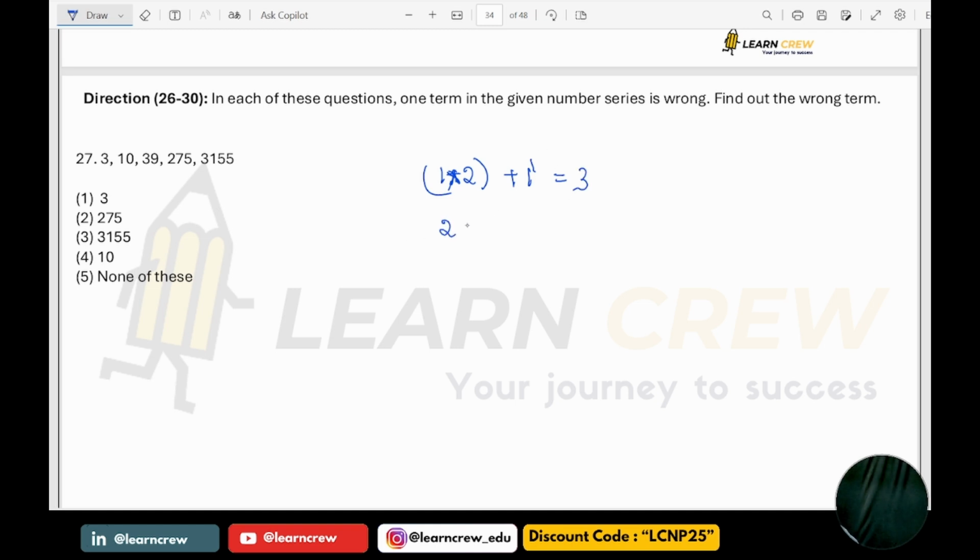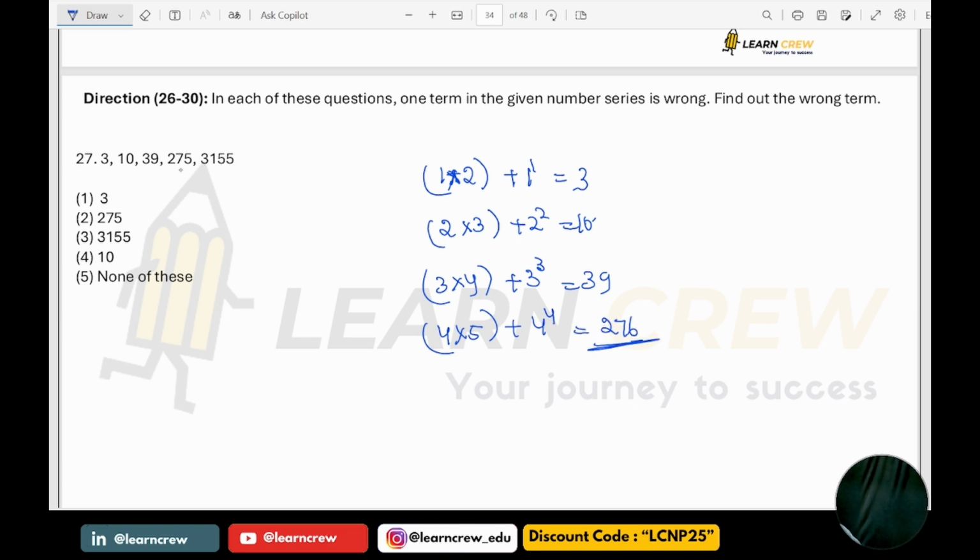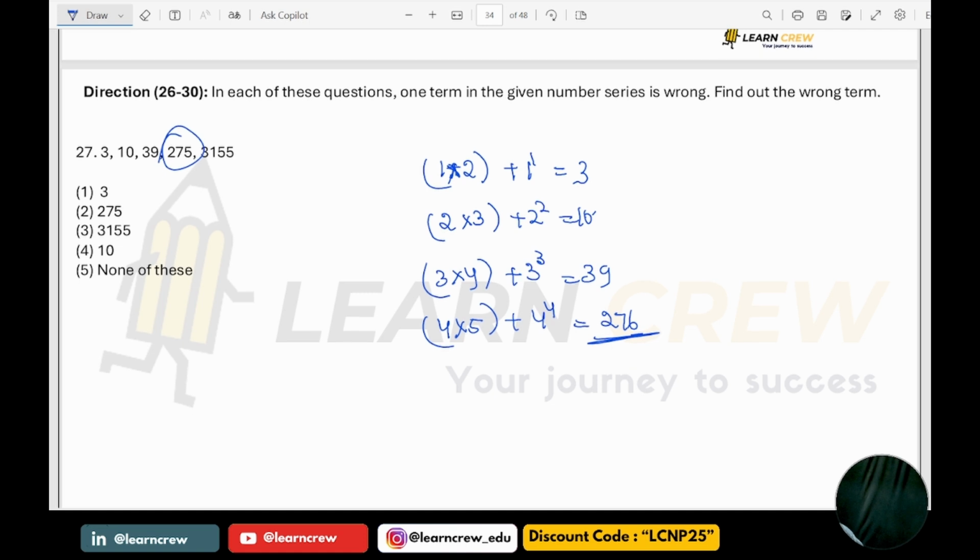Then 2 into 3, 6 plus 2 square is 10. Now 3 into 4, 12 plus 3 cube is 39. Now 4 into 5, 20 plus 4 power 4 is 276. 275 is the wrong number.